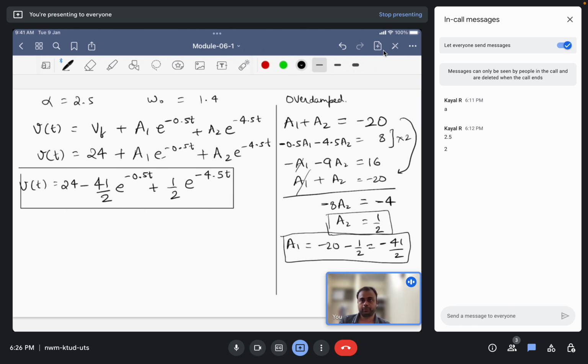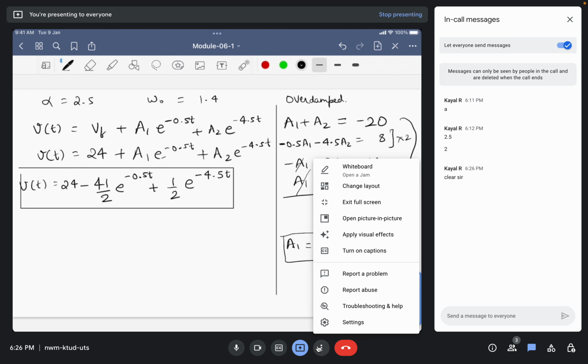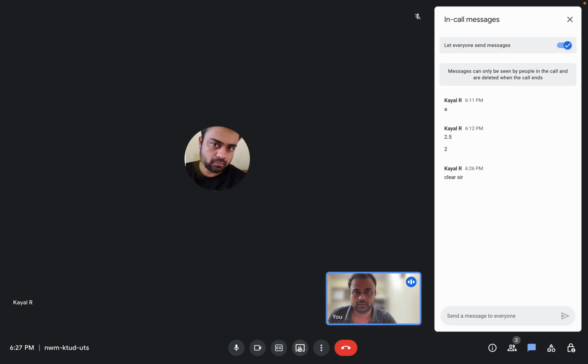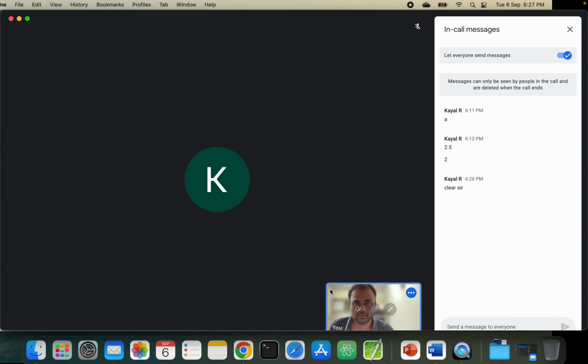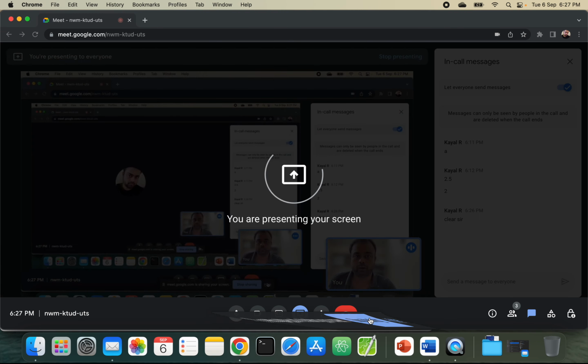So I hope up to this point it is clear. One thing we can do is plot this function and see how it looks. So let us do that plotting. I will change my screen into full mode, so we can see how this function will look when we plot it.